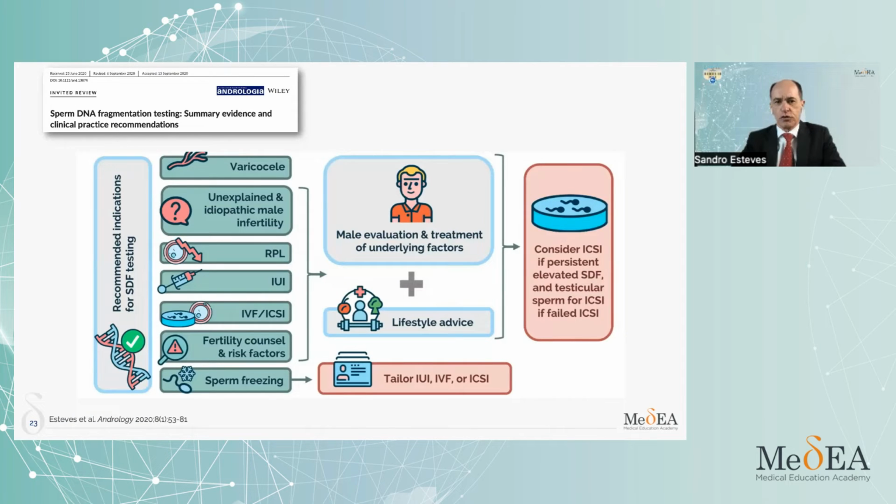Examples of situations in which these tests can be clinically informative for explanatory purpose or clinical decision-making include, first, varicocele, particularly in cases of palpable varicocele and borderline or normal basic semen analysis, in which there is doubt whether or not the varicocele should be fixed according to the recommendations of the most relevant urological guidelines.